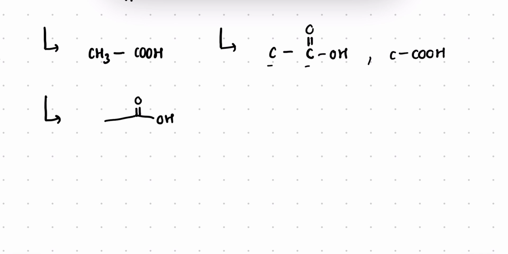So here, there is a carbon, and here, there's a carbon. Okay, this is kind of drawn weird. Let me draw this better, actually. This would be a bond line structure for ethanoic acid.